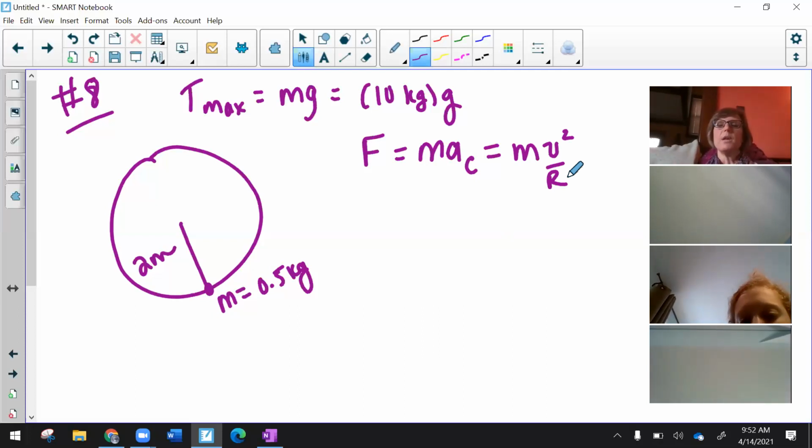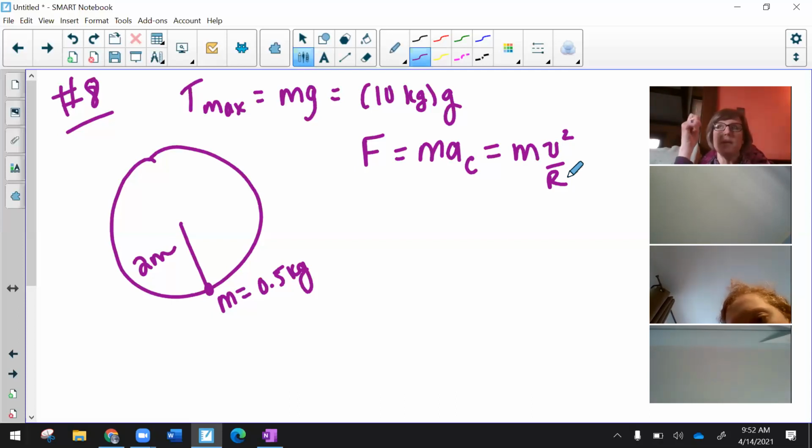Okay. So we need to know what force it is that's supplying this centripetal acceleration. So what's the force that's making the object move in the circle? We did this in class.